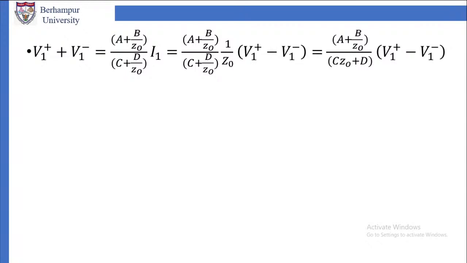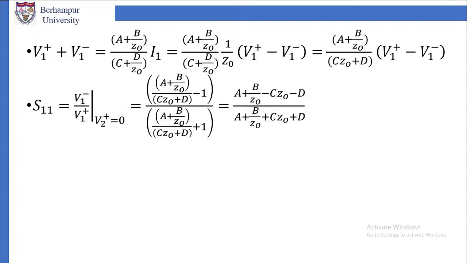If I multiply 1 by Z0 into the denominator, the denominator is CZ0 plus D, and the numerator remains A plus B by Z0, whole into (V1 plus minus V1 minus).